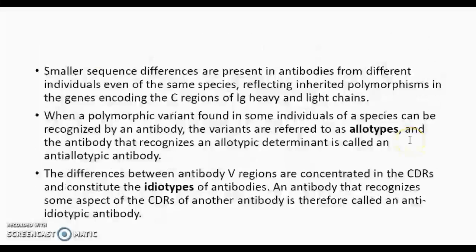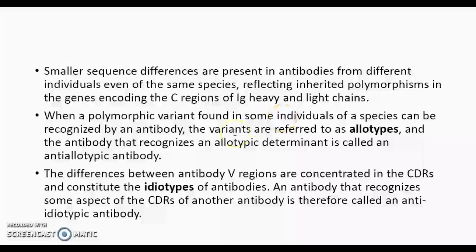There are smaller sequence differences between antibodies from different individuals in the C region of immunoglobulin heavy and light chains, reflecting inherited polymorphism in the genes encoding the C region.